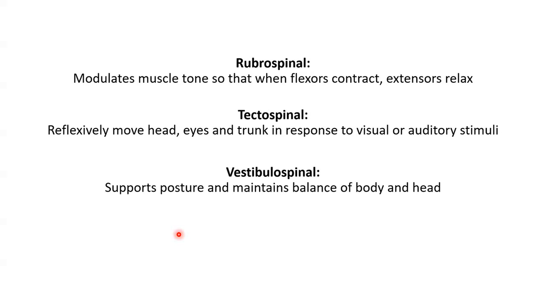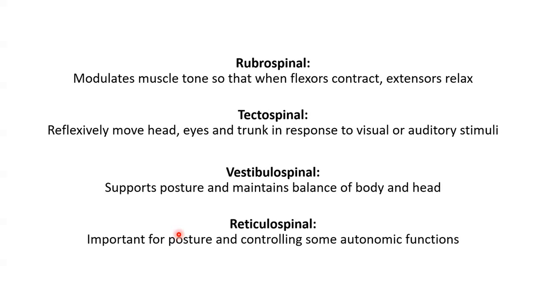So this tract is responsible for our posture and maintaining balance of the body and the head, particularly as we prepare for movement. And lastly, our reticulospinal tract. So this is important again for our posture, but also for controlling some of our autonomic functions. So our heart beating, changes in the diameter of our blood vessels, and our breathing rate, so our respiratory rate.